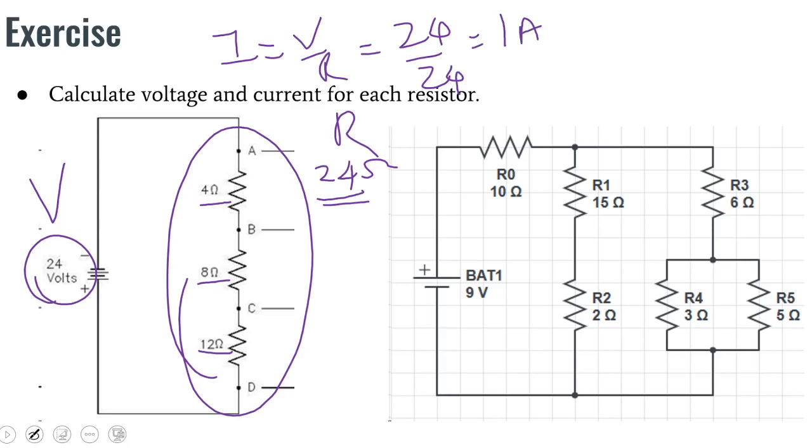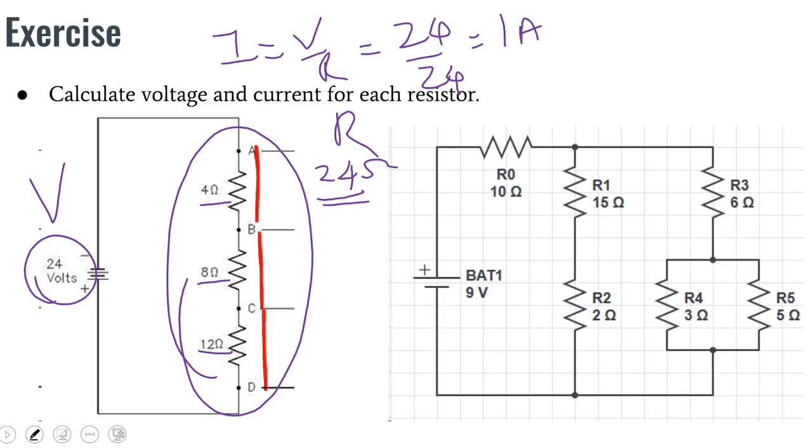Now I can use the same equation, or the alternative equations, to calculate the voltages between these 4 points. So we are trying to calculate the voltages between A and B, B and C, and C and D.